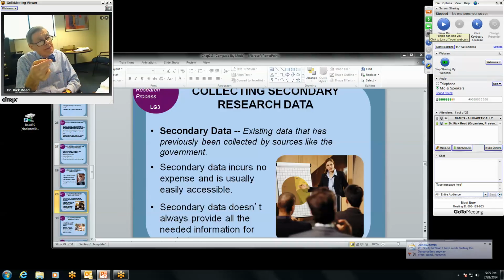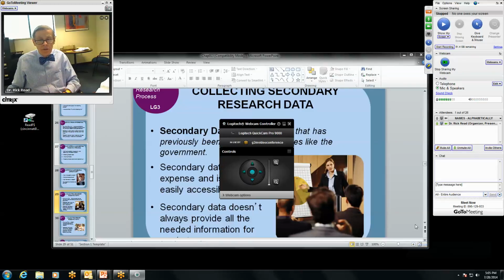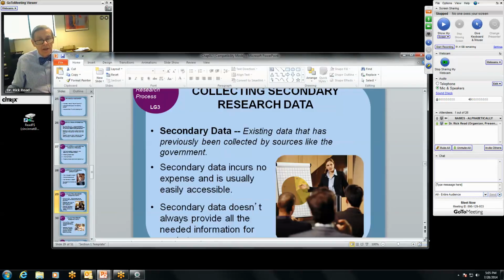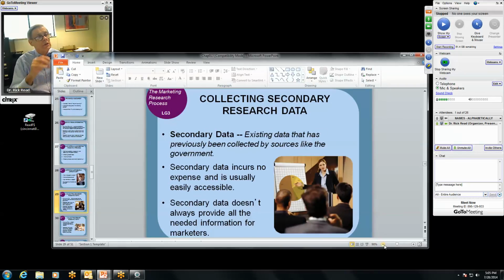Usually it's easy to get to, and it's not expensive to find it. It says it incurs no expense, and I would change that a little bit to say it's going to incur some expense, if nothing more than the cost of sending somebody to some place to get that data.